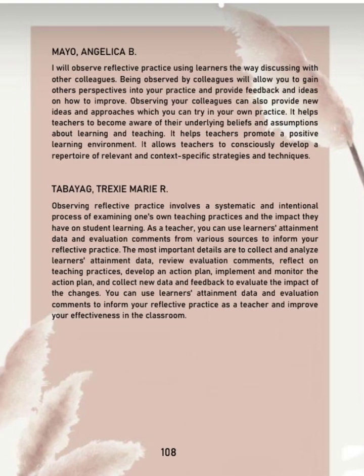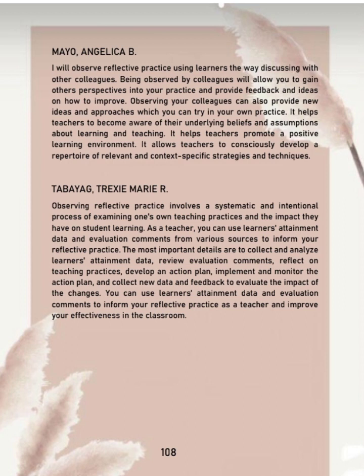Reflective practice involves a systematic and intentional process of examining one's own teaching practice and the impact it has on student learning. As a teacher, you can use learner attainment data and evaluation comments from various sources to inform your reflective practice.